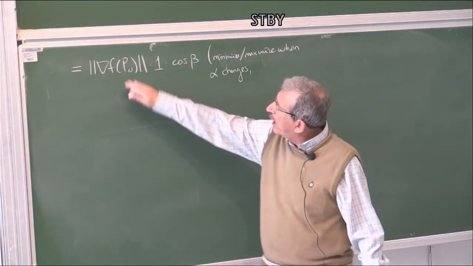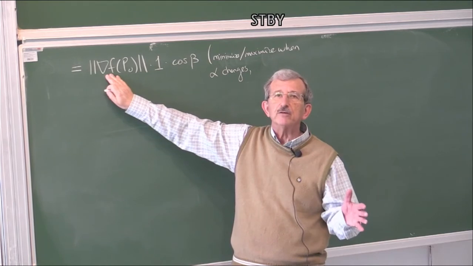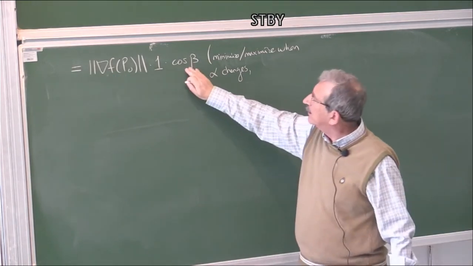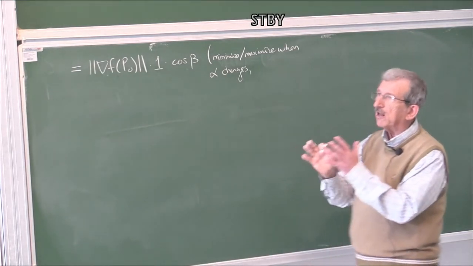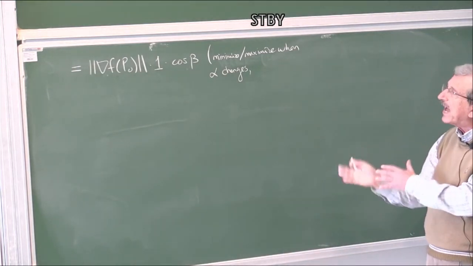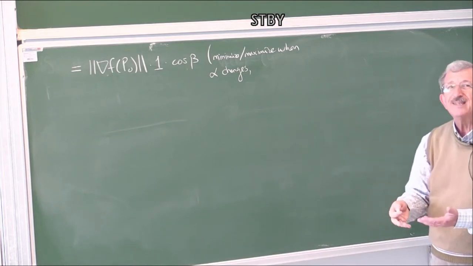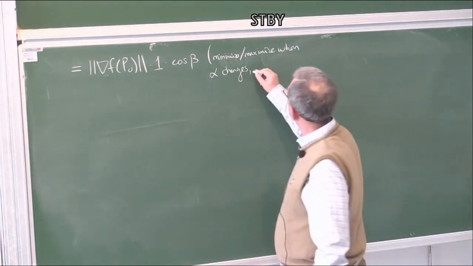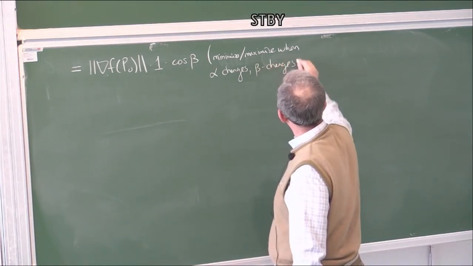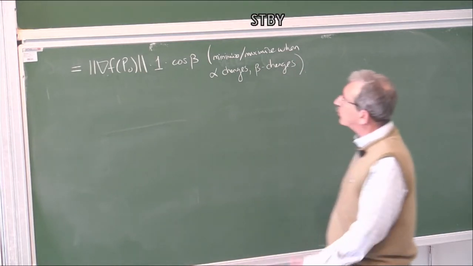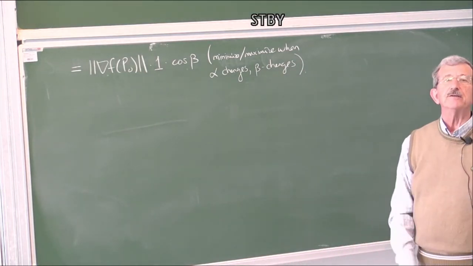Well, we don't have any alphas in here. It's the gradient of f. It has nothing to do with the direction. But beta is the angle between the alpha direction and the gradient, so beta depends on alpha. Beta changes. So the question is, when beta changes, minimize and maximize this.